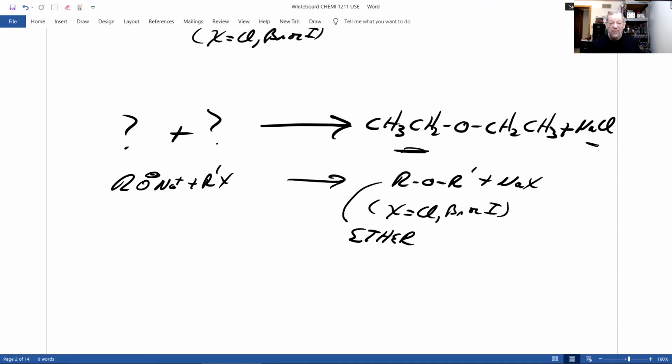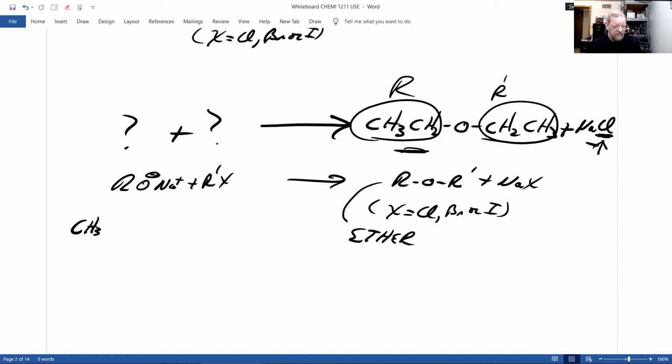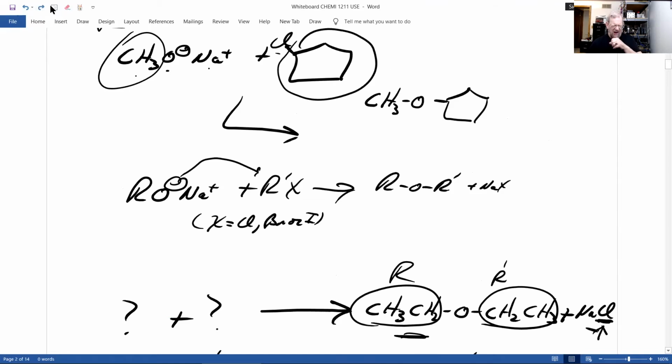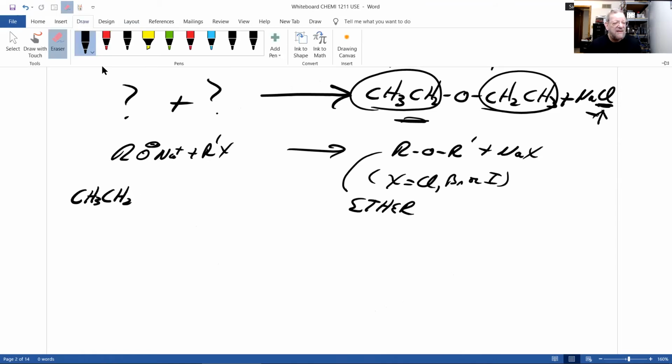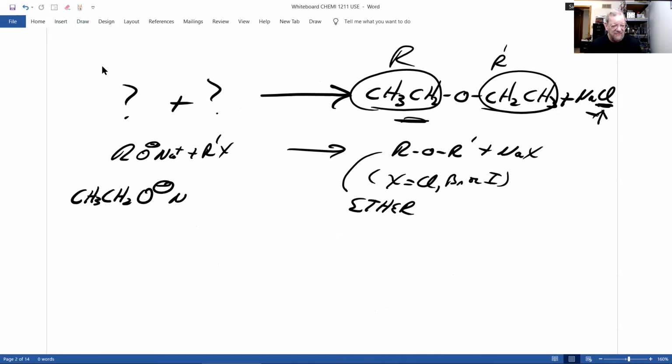And now, what's our ethyl? What's our prime? Ethyl. What's the halogen? Chlorine. So my alkoxide is this.